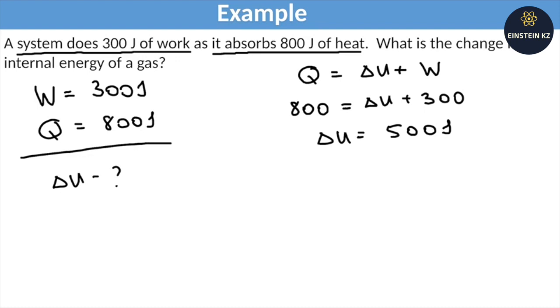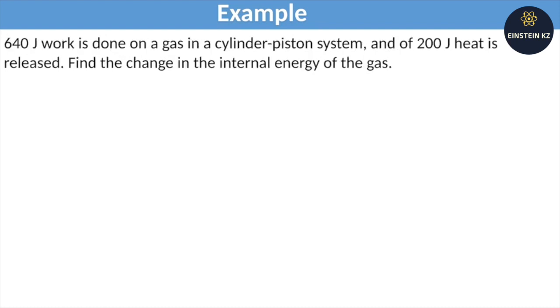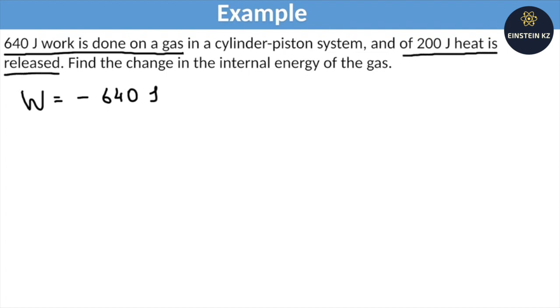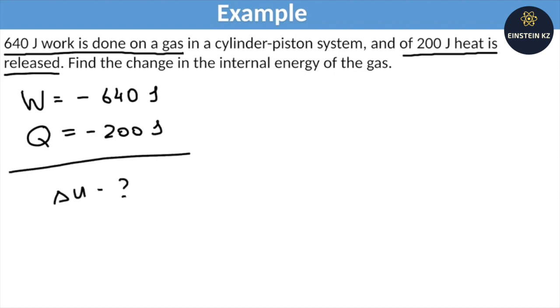This is a fairly easy problem. Now let's move on to the next problem. Here, 640 joules of work is done on a gas. It means that work in this case will have a minus sign, and 200 joules of heat is released. It means here Q is also minus. So delta U is unknown.